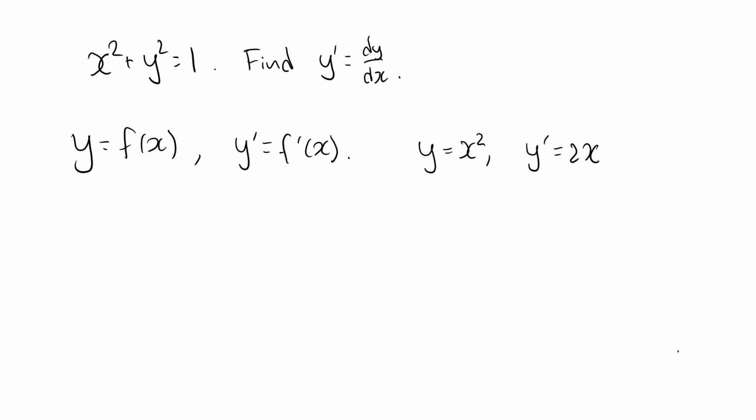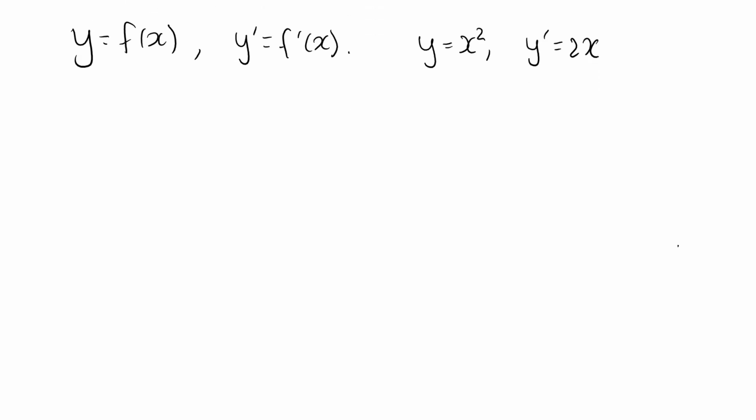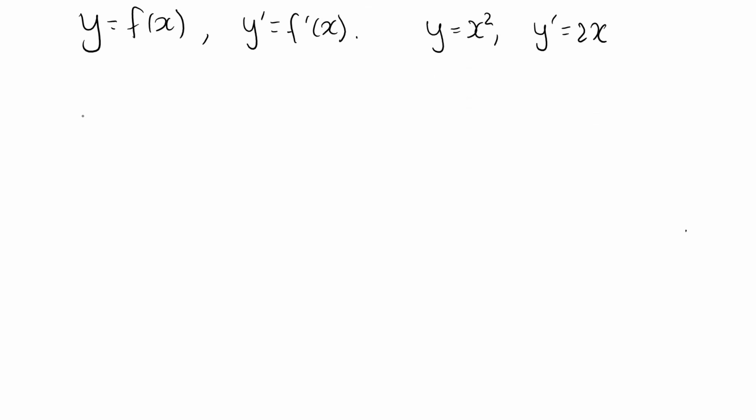Remember, y prime is the change in y when we make a small change in x. If we have an implicit relationship between x and y, then if we make a change in x, this will typically require a change in y if the equation is to be satisfied.